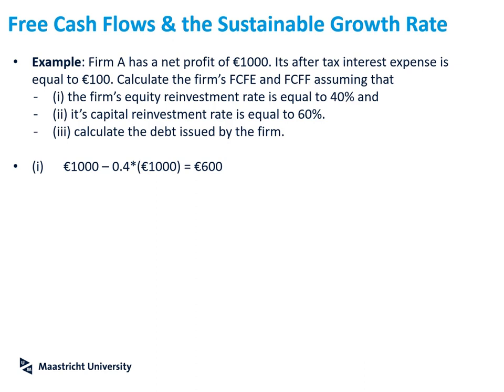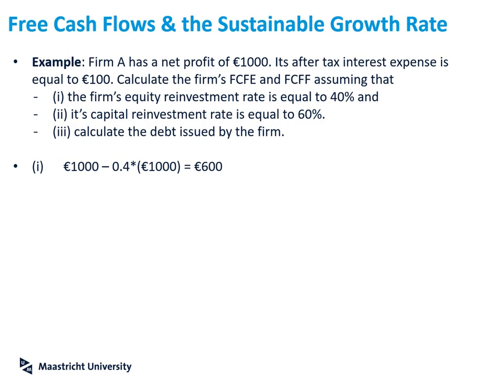So net profit is 1,000, and we subtract from that the portion of net profit that's reinvested, 40%, which leaves 600 available to be paid out to shareholders. So in this situation, the free cash flow to equity is 600.